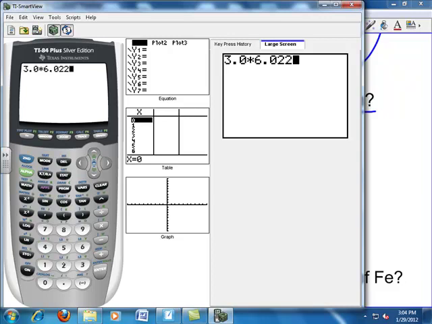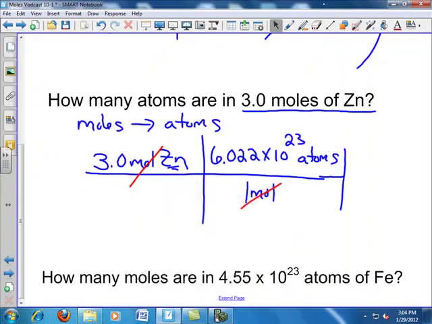On this particular calculator, it's second, and then EE. And most calculators will put an E on the screen, and then you type 23. That is your calculator's way of writing times 10 to the 23rd, and then you hit enter. And you get 1.8 times 10 to the 24th.